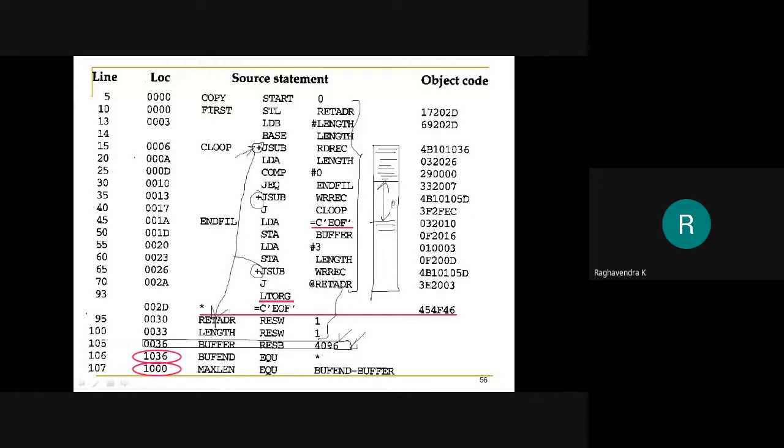There is a large buffer in between, then read record, and after that write record. So this is the main program. Because there is a buffer in between of 1000 bytes, an instruction present here that has to refer to read record and write record has a larger displacement.